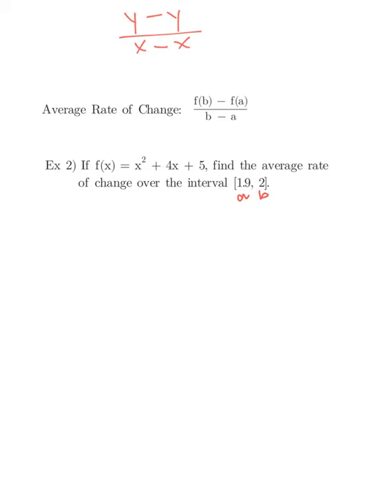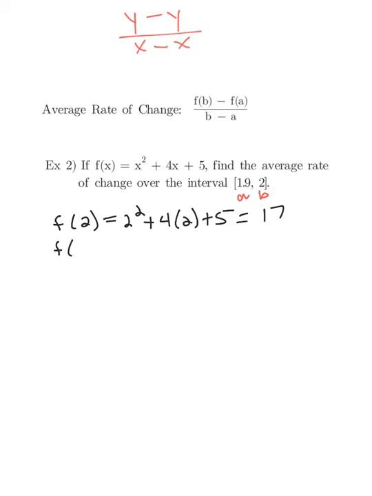So the first thing we have to do is find what we get when we put 2 into our function. We would have 2 squared plus 4 times 2 plus 5. So we get 4 plus 8 plus 5, which gives us a total of 17.